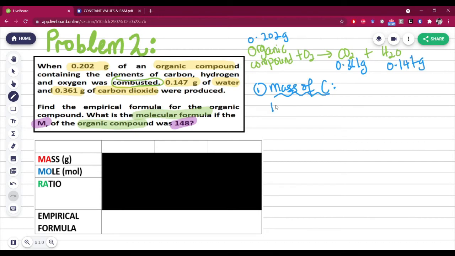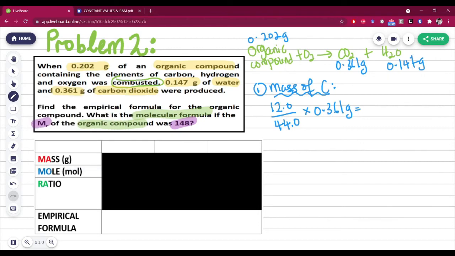Let's say 12 over 44 times the mass of carbon dioxide, 0.361 grams. So remember this, to find the mass of carbon, you're going to take the mass of carbon dioxide times 12 over 44, just like what we have talked about just now.